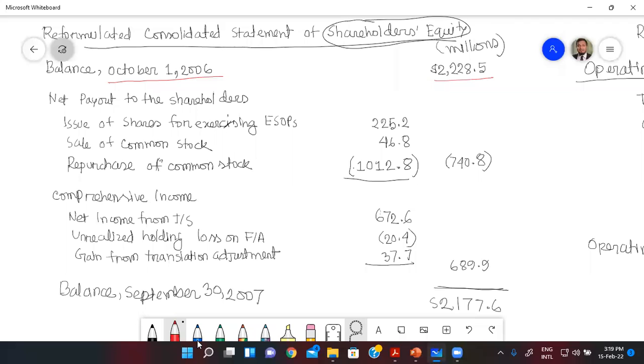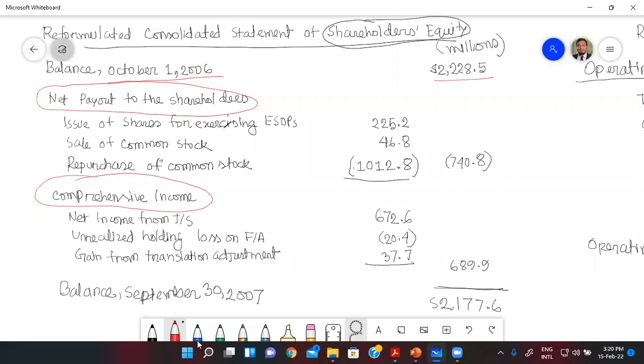Then you see some items there, and some of the items reflect the net payout to the shareholders, and some items reflect the other comprehensive income. We need to separate those items, and then your reformulated consolidated statement of shareholders' equity will be done. Have you got the route?